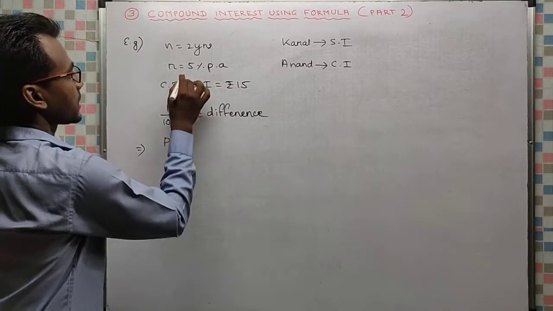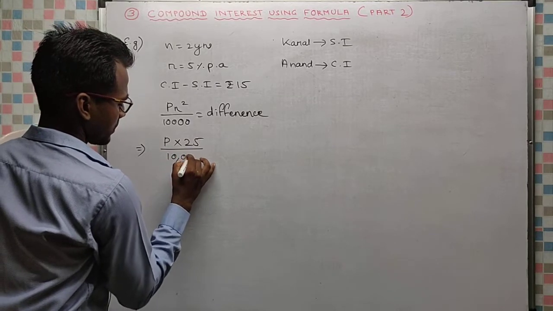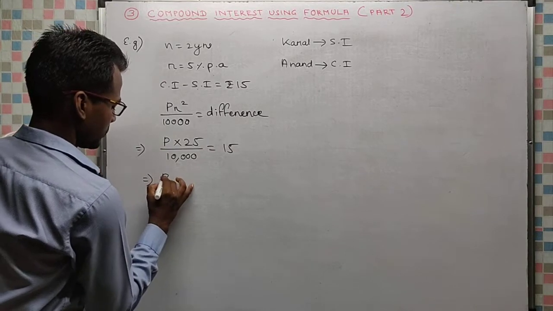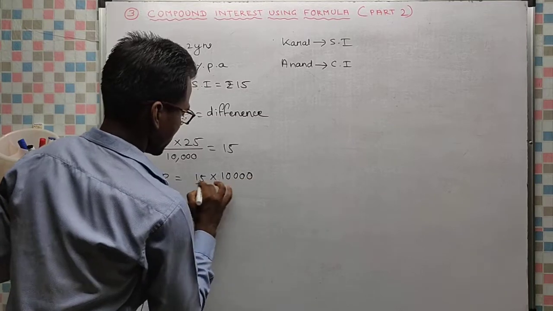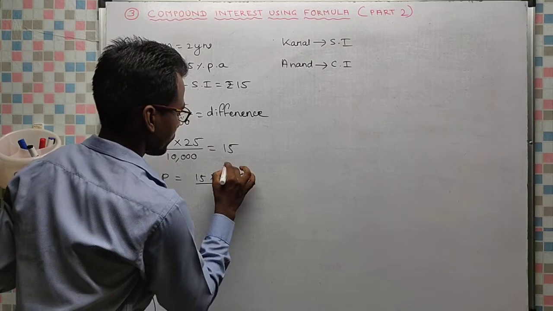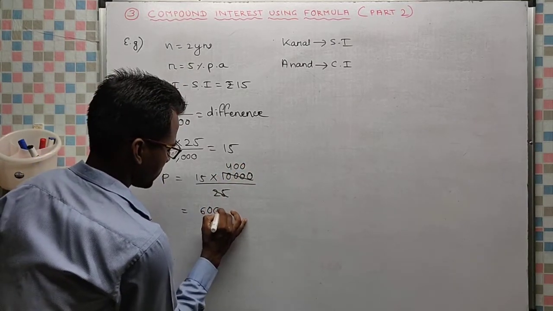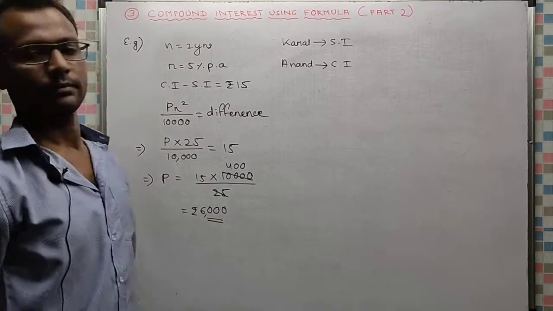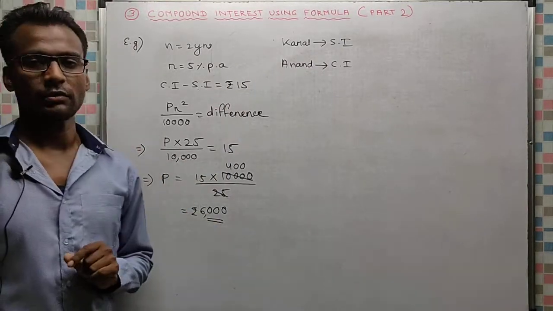R is given as 5%, its square is 25, so 25 by 10,000. Difference is 15. P is equal to 15 into 10,000 by 25. 25 fours are 100, 15 times 400 is 6,000. So the amount of money lent by Kamal and Anand, both, is 6,000 each.